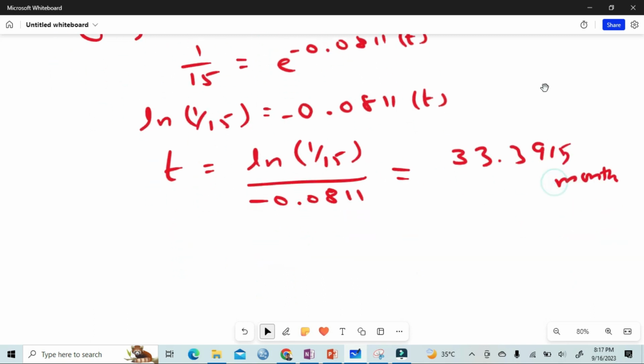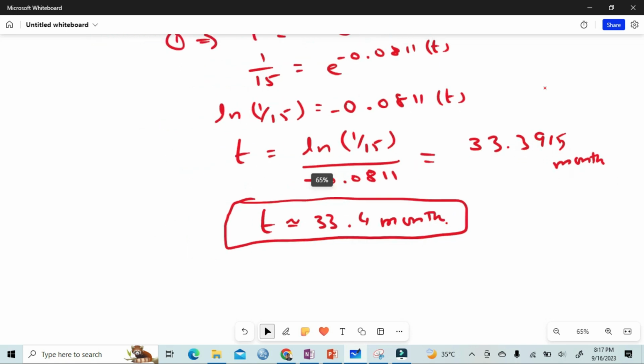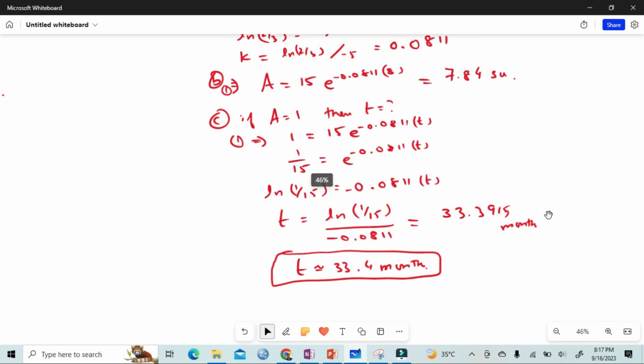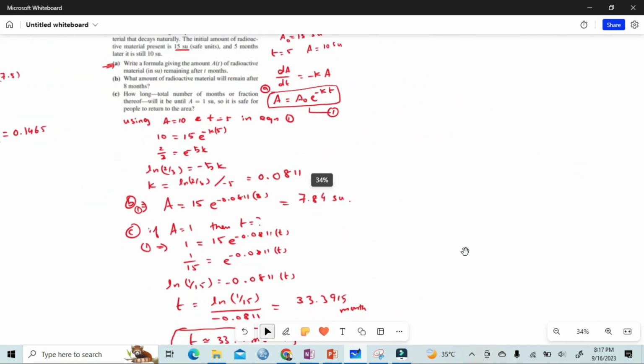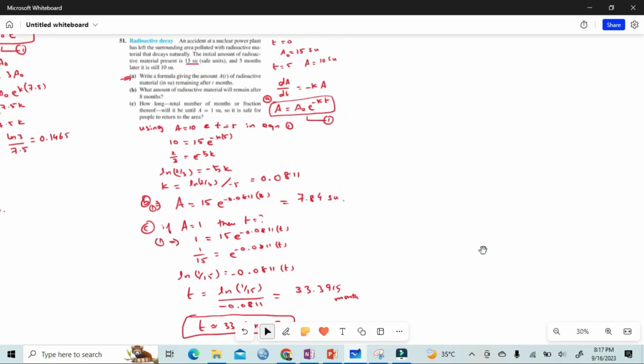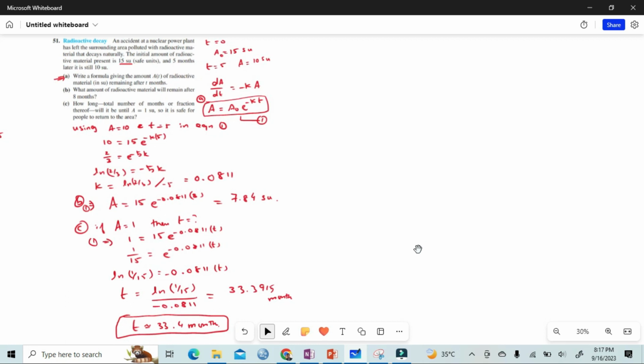That is, T will be approximately 33.4 months in question number C. That's the end. I'll show you the entire problem in one shot. Okay, that's the end of this problem.